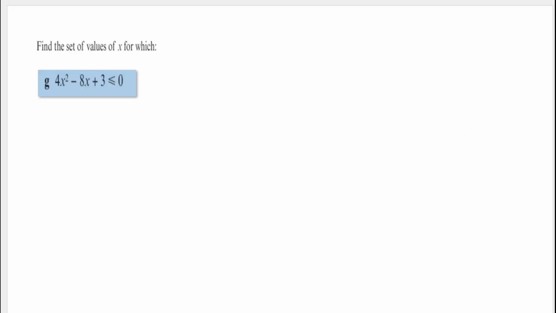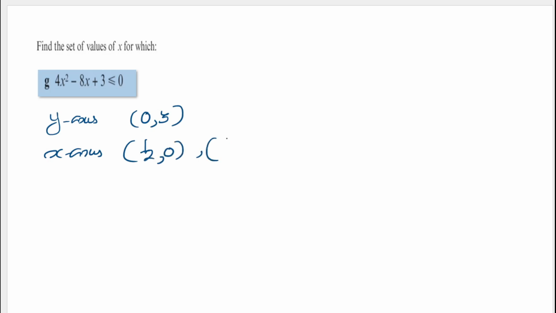Now let us try to find the set of values of x for which x² - 8x + 3 ≤ 0 graphically. Here the graph crosses the y-axis at (0, 3). Now the crossing of the x-axis is given by (1/2, 0), (3/2, 0).